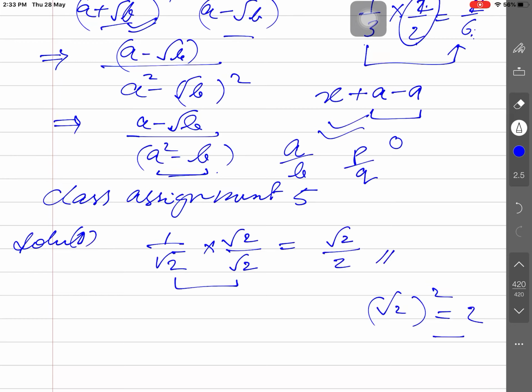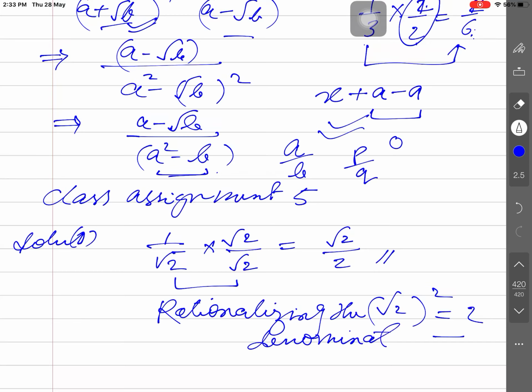Now the denominator becomes rational, but the irrationality is in the numerator. Clear? So thus we have done it. We are rationalizing the denominator. This is known as rationalizing the denominator.